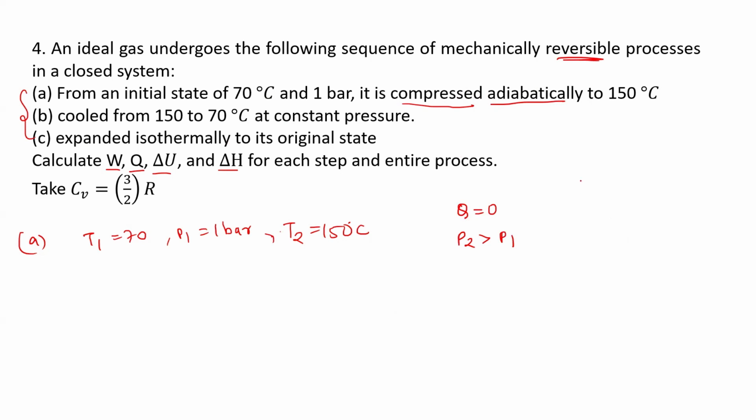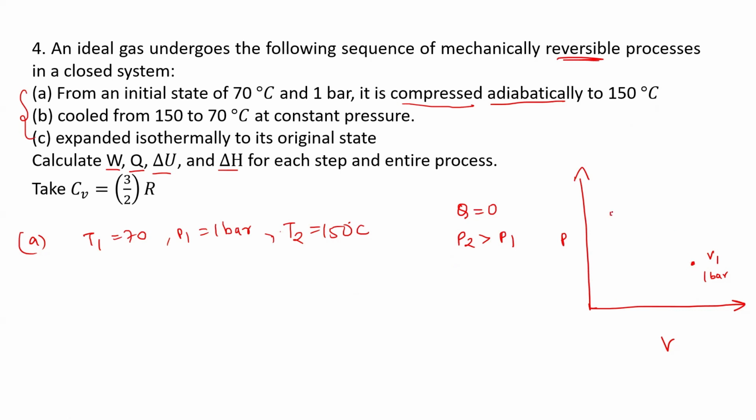If we see this process on a P versus V diagram, assume some pressure and volume here, that's 70 degrees and 1 bar, with some V1 volume. The next one, P2, is greater than P1. Since we know PV^gamma is constant and pressure increases, the volume decreases.